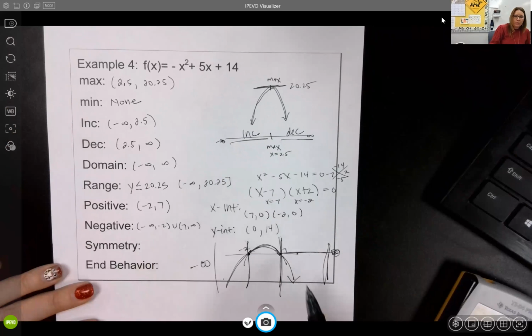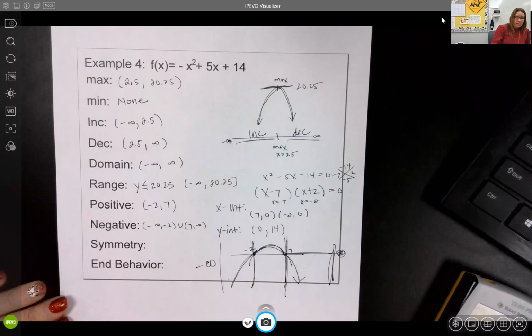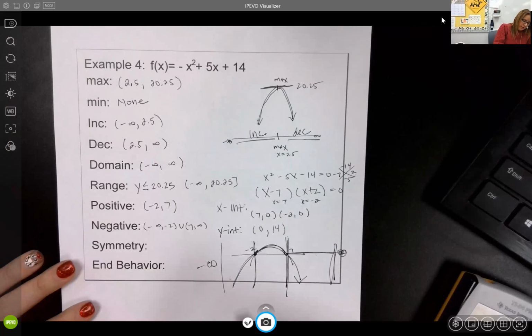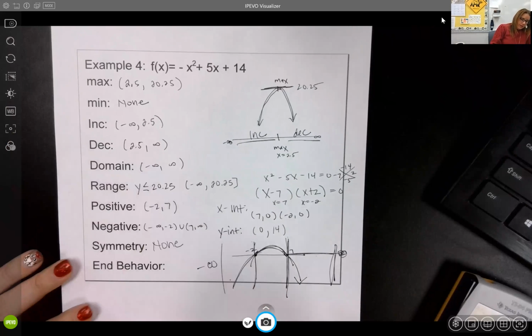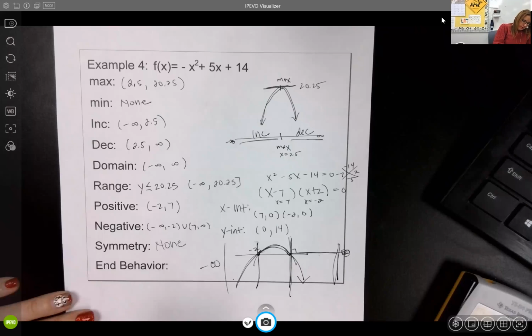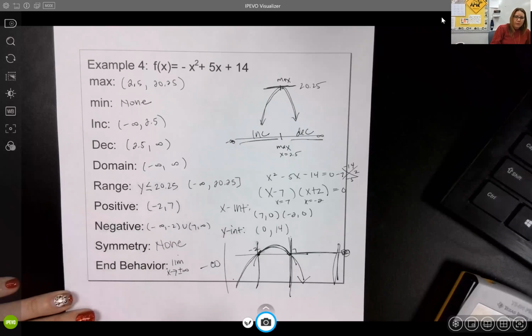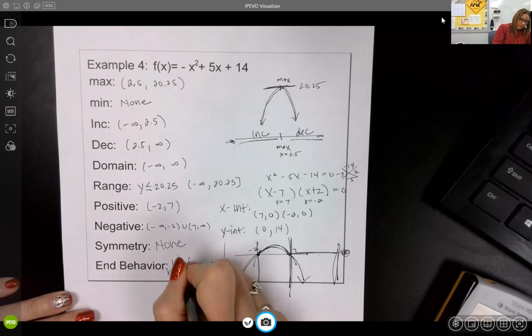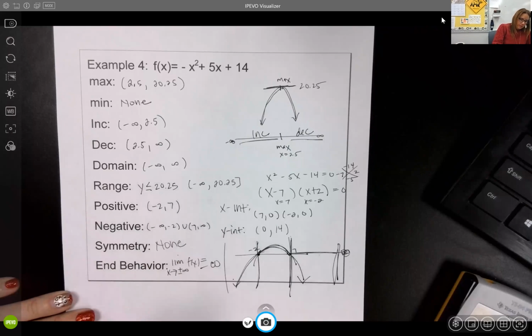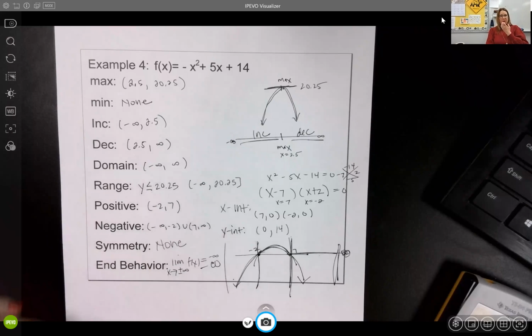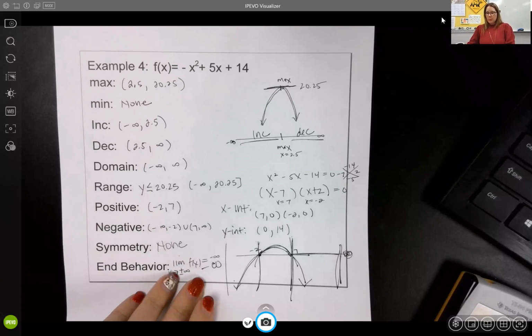The graph keeps going forever. This one is also not symmetric. And then our end behavior, you can write it as both if you only want to write it one time because they're the same. They're both down. Like that.